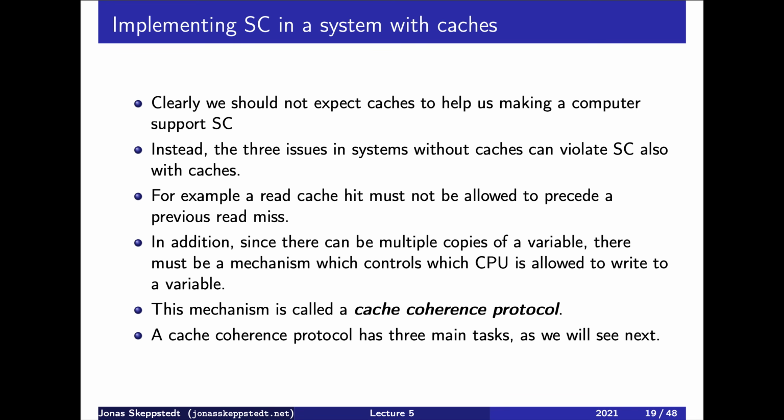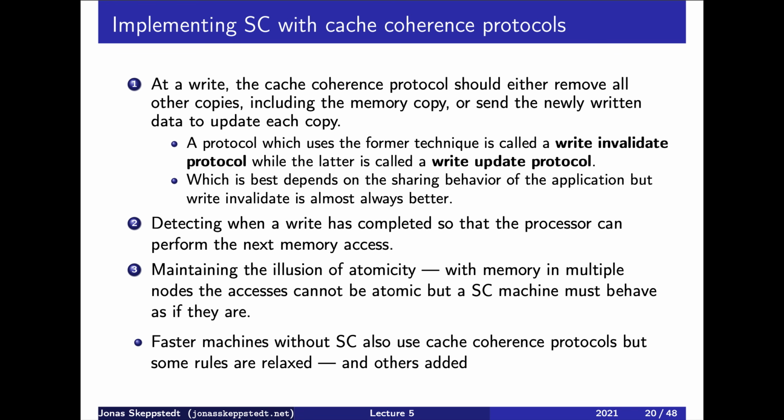I will explain. There are two main options for doing the writes, and we can look at them right away. But there are three main tasks for the cache coherence protocol. First, at the write, the cache coherence protocol should make sure that there is only one copy of a certain variable.